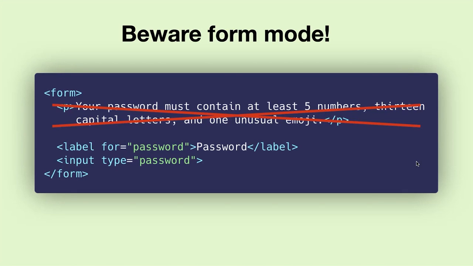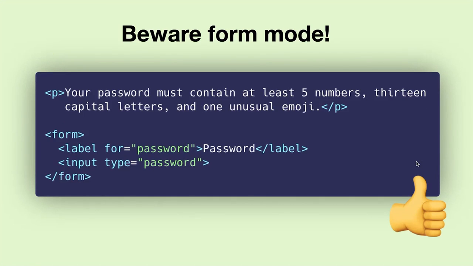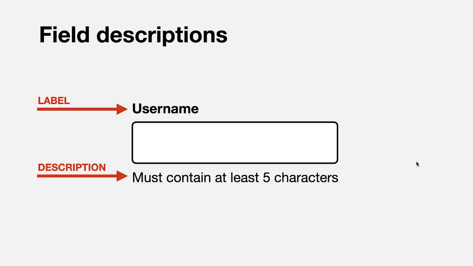In fact, their controls are just going to go "password," and that's it. This is obviously very bad. Amazingly enough, if you were to take the same form and just move that paragraph outside of the form, it would be fine. That is one way of dealing with this problem. It's not a very scalable solution because you're going to probably want a lot more text inside your form, but that is one thing that you could do to handle this situation.